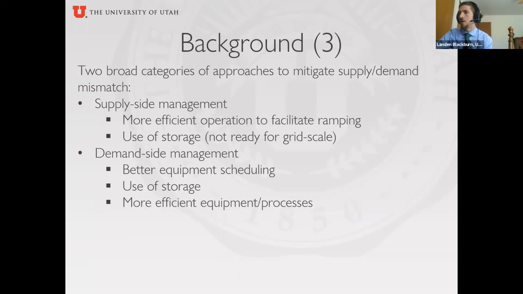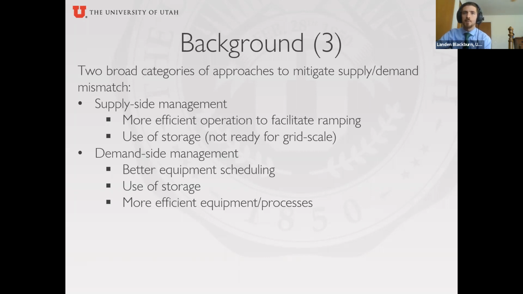There are two main categories to mitigate the duck curve and make it more manageable: supply side management and demand side management. Supply side management really boils down to making the power stations and electricity producers more efficient, so they can better handle these ramping situations and still be economically viable and conserve resources. We haven't really figured out the storage solution, although that would fix this as well.